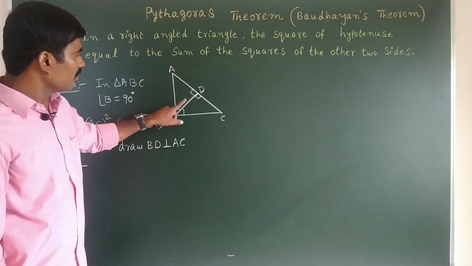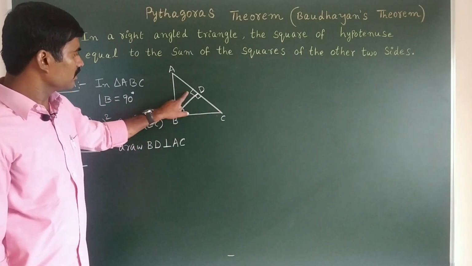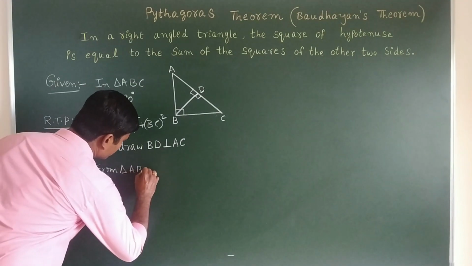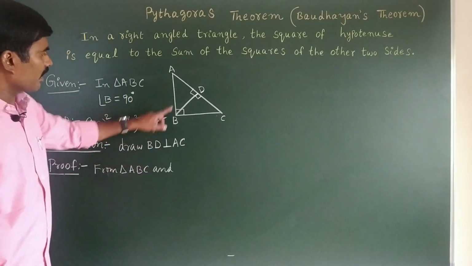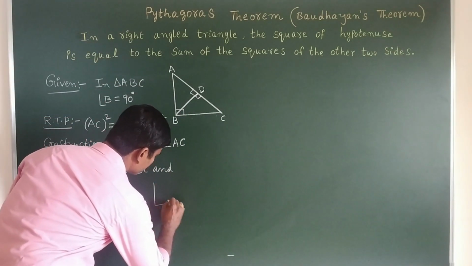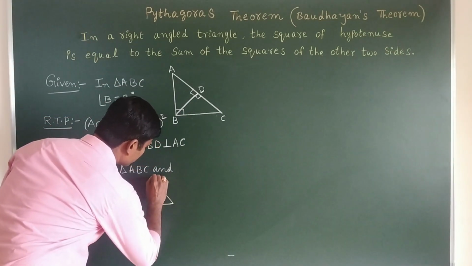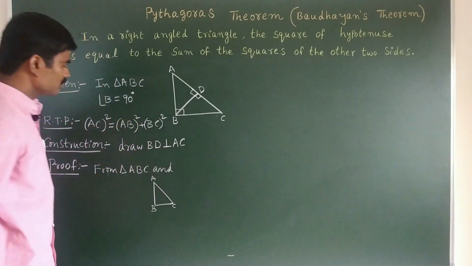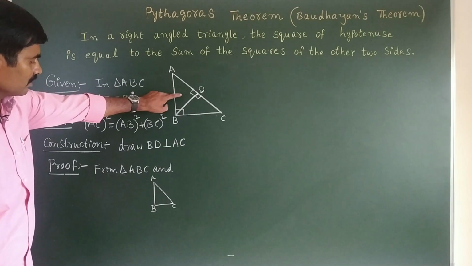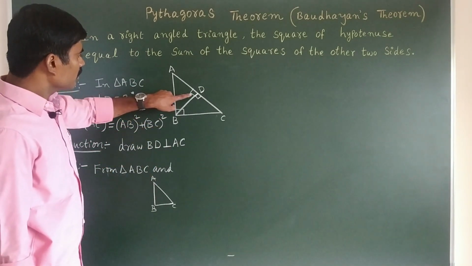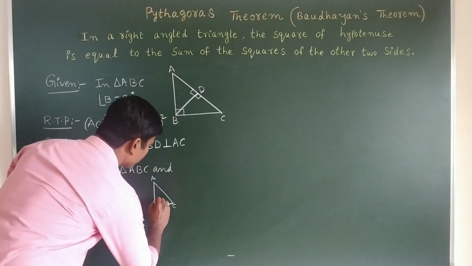First compare the main triangle ABC and this triangle. Draw rough diagrams of both triangles, ABC and ABD. In triangle ABC and triangle ABD, B is 90 degrees.